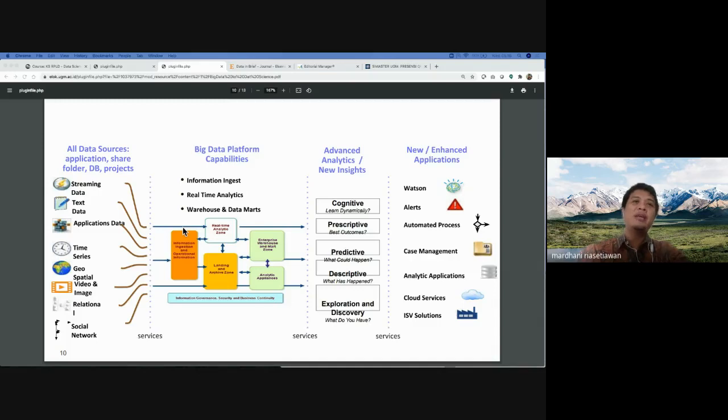And then we also have the real-time analytics in here. So this will be the tools that we can push up the data analytic result and insight, and then of course we will have a landing and archive zone that will be formed like warehouses and also data marts.